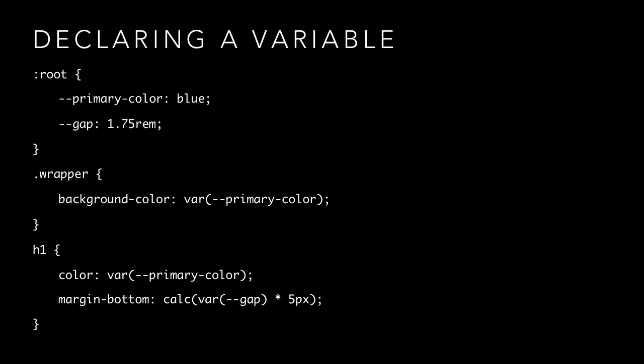You probably could. Sure, you could take the value of gap and just multiply it by 5. In this case, I'm multiplying it by 5 pixels, which is different, and calc is smart enough to do that math. It's 5 pixels rather than just a factor of 5. Those are two very different things.